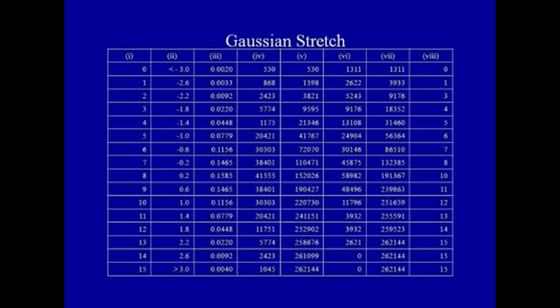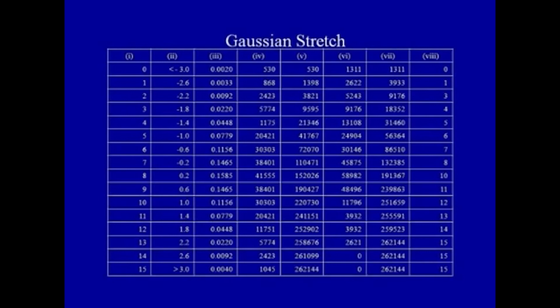So, we continue this particular operation till we compute all the values for each of the levels of the histogram. Having done this, we now undertake the task of finding out the cumulative frequency of the Gaussian distribution, and this is shown in column number 5.